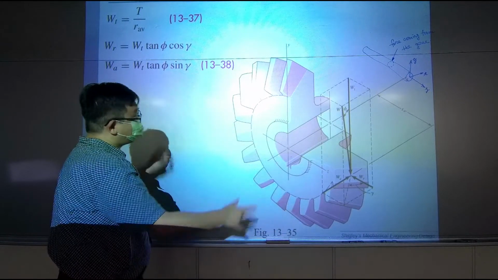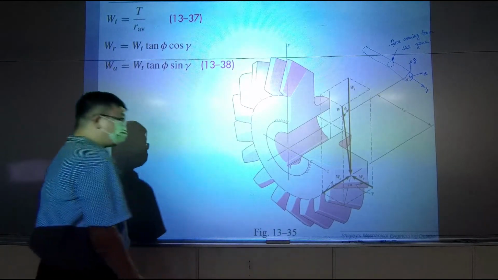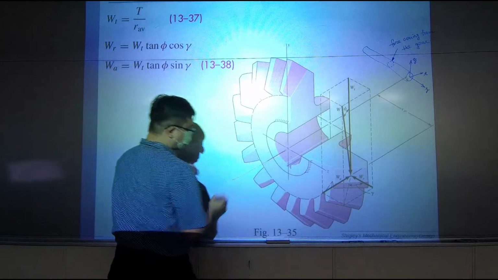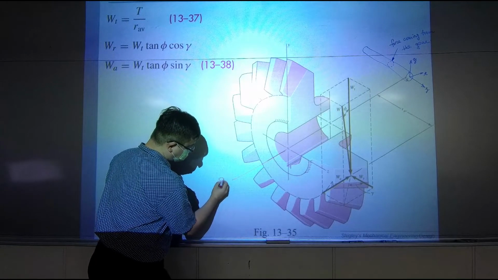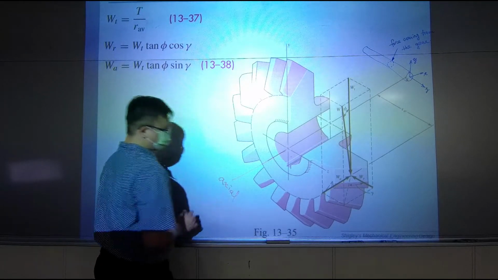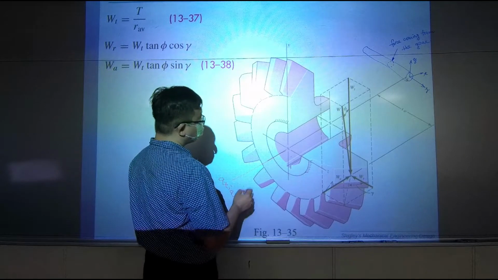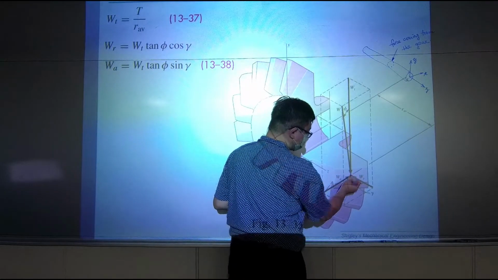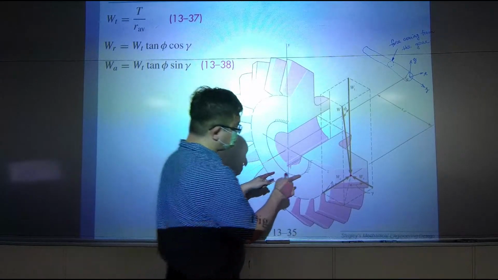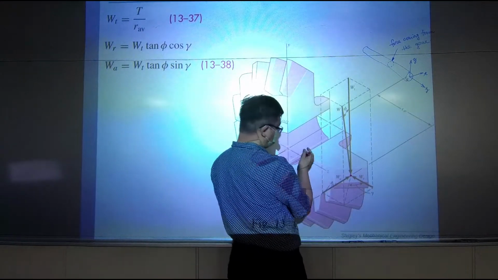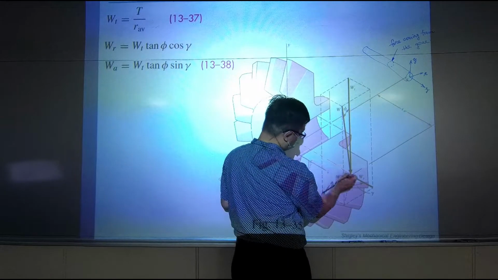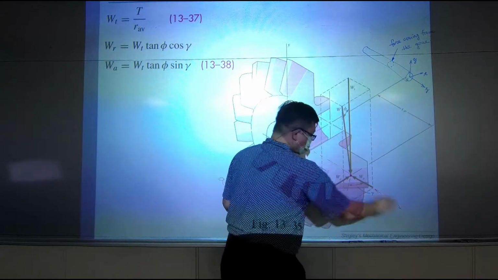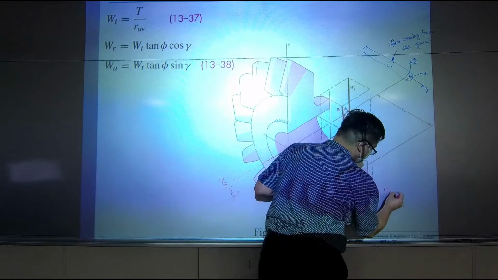So for a bevel gear system, we have three directions. We call this one the axial direction, okay? And if we focus on this position, coming from the center toward outside, this direction we call the radial direction.